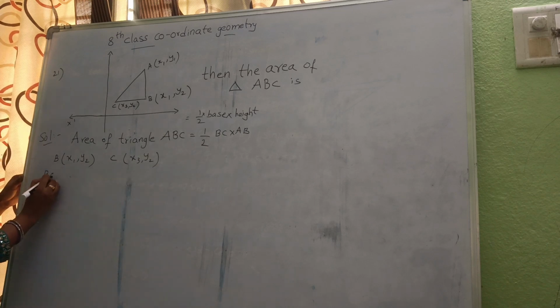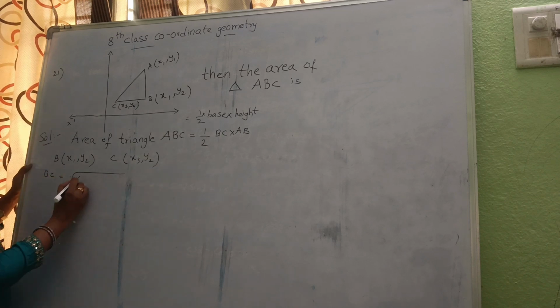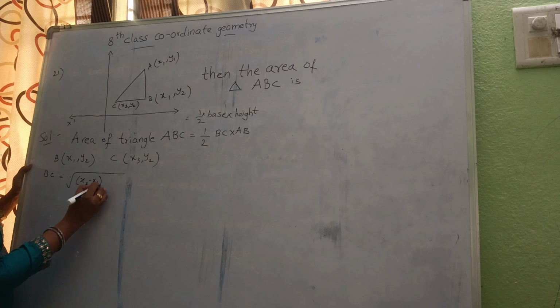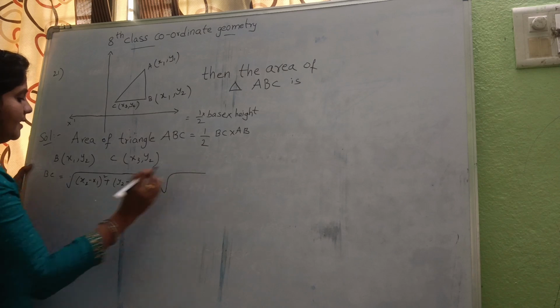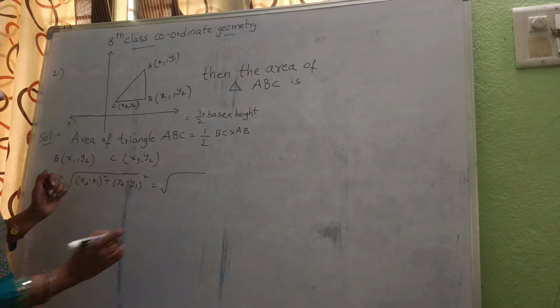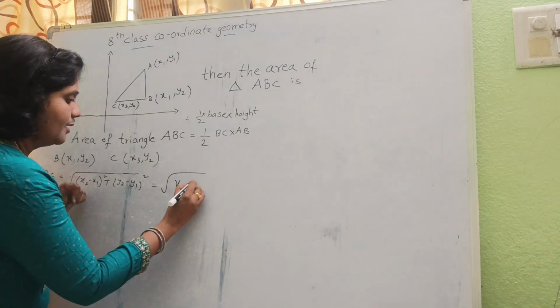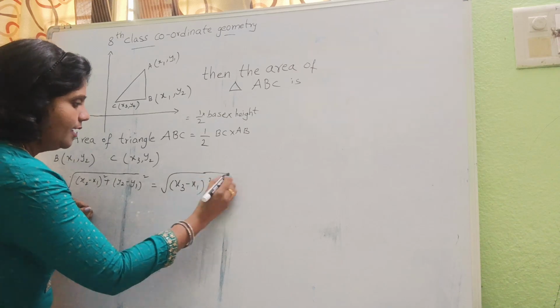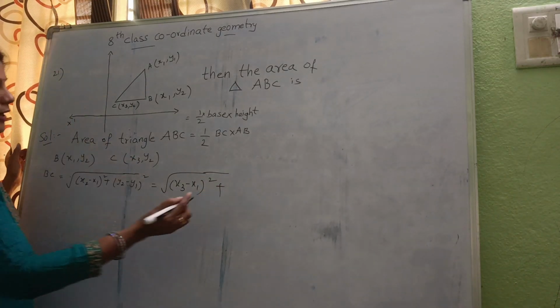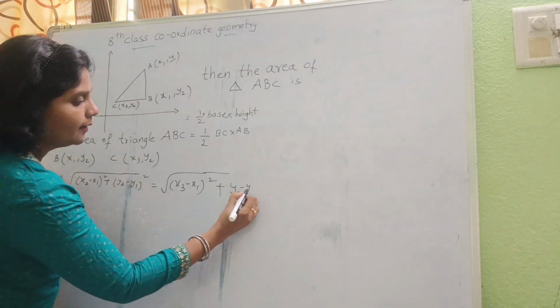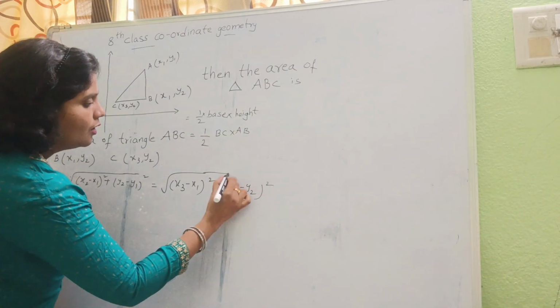So what is BC by the distance formula? Root of x2 minus x1 whole square plus y2 minus y1 whole square. In this, what is x2? This, x3. What is x1? This. So x3 minus x1 whole square plus, what is y2 here? y2 only. What is y1 here? y2 only. Both are y2. So y2 minus y2 whole square.